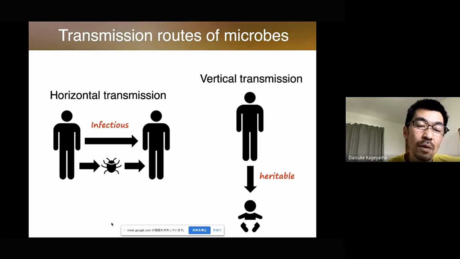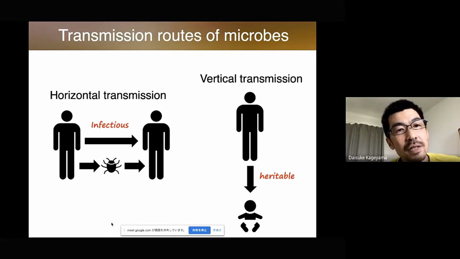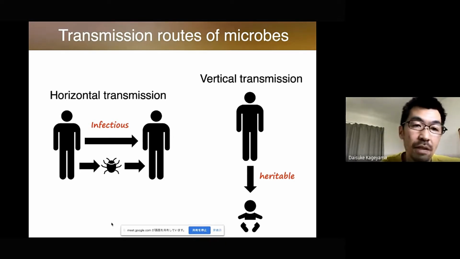And broadly, they can be classified into two types on the basis of transmission route. First is horizontal transmission, often called infectious microorganisms. They transfer directly from person to person or organism to organism, and in other cases, they have an intermediate organism to transfer the microbes into other organisms.